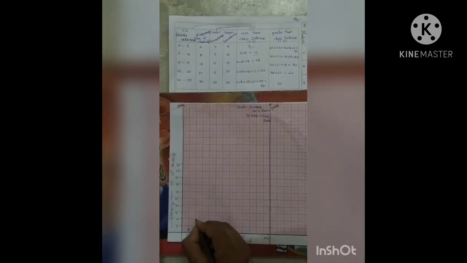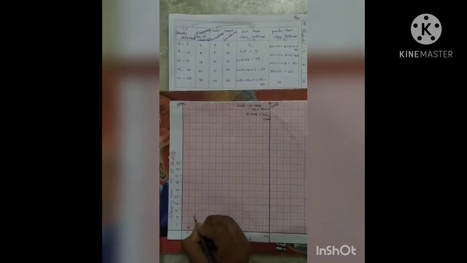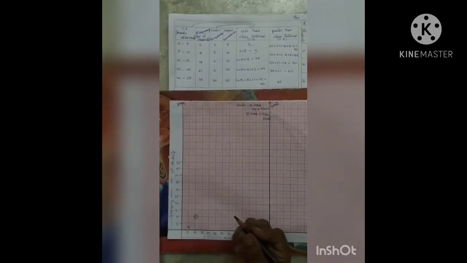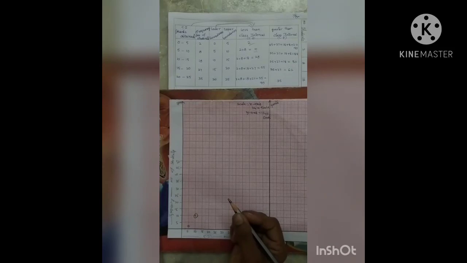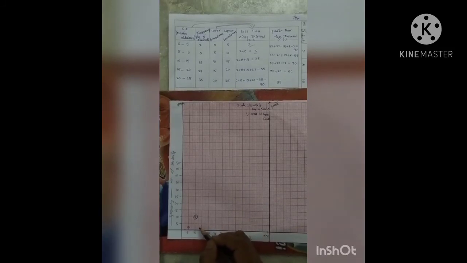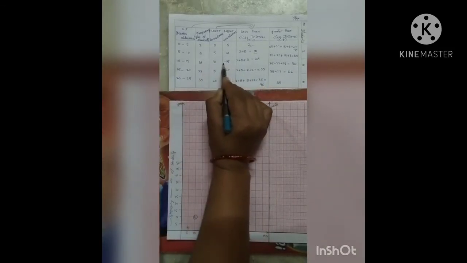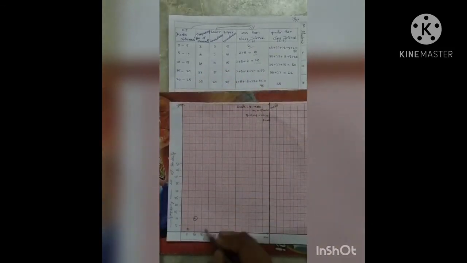Okay children. And the next, 15. The next one is 15 is 28.